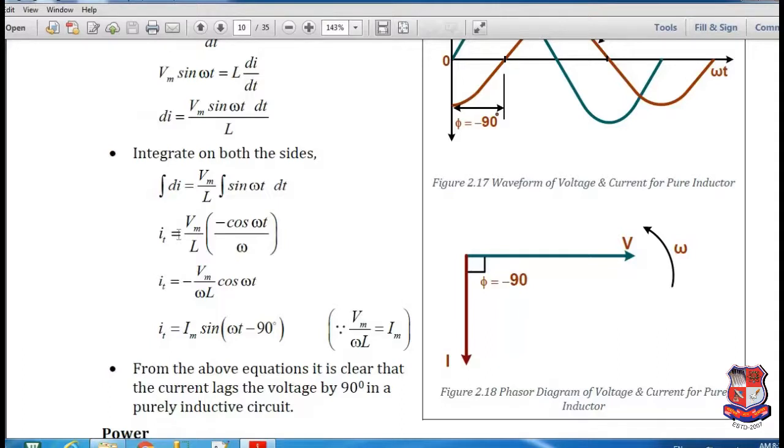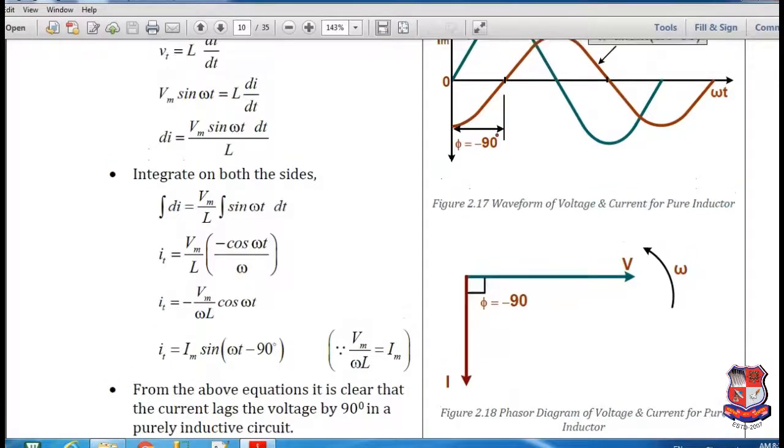We have the equation for the voltage source, Vt is equal to Vm sin omega t, whereas for the current we have i is equal to Im sin omega t minus 90 degrees, which indicates that the current lags the voltage by 90 degrees.